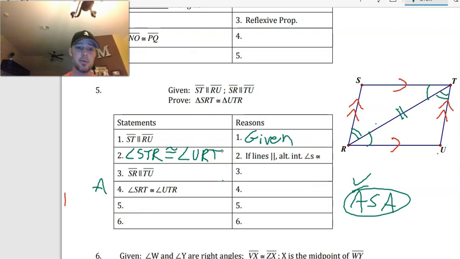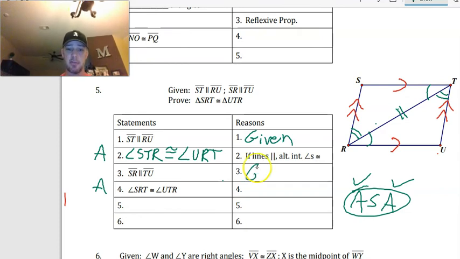And that is a congruency statement for angles. So that's my other angle that I have, and the reason is parallel lines cut by a transversal. You could say the reason is alternate interior angles, or alternate interior angle theorem. I don't know what they put on there, but I would have put alternate interior angle theorem.